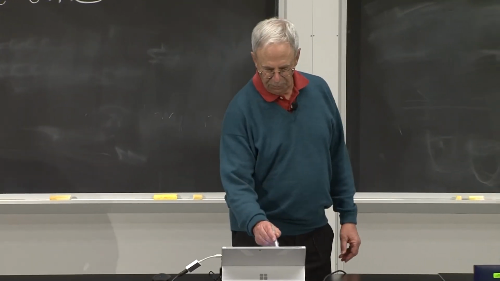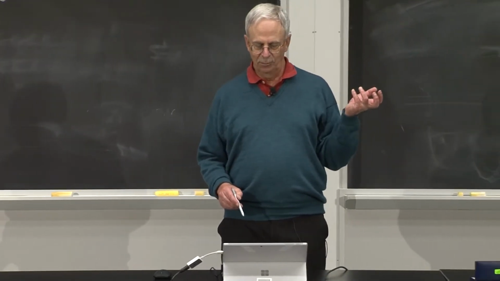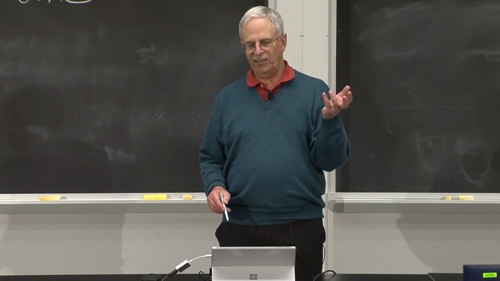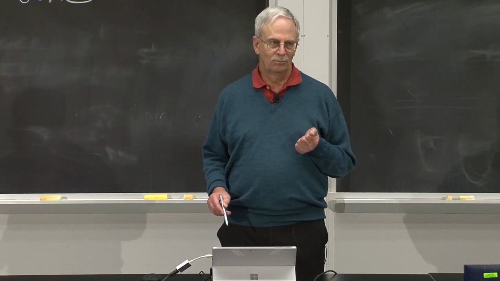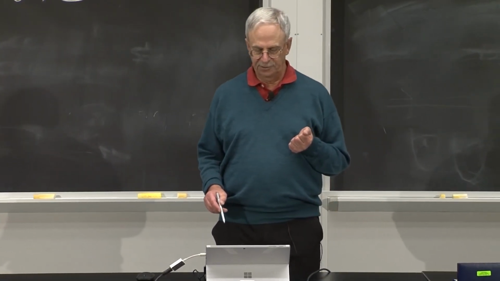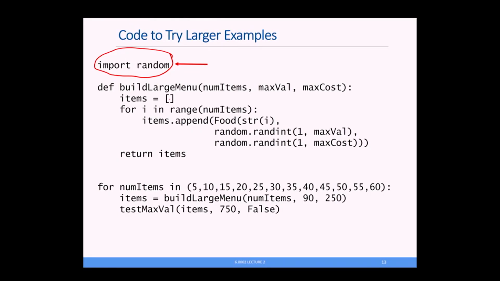So to build a large menu of some number of items, we're going to give the maximum value and the maximum cost for each item. We'll assume the minimum is, in this case, 1. Items will start empty, and then for i in the range number of items, I'm going to call this function random.randint.